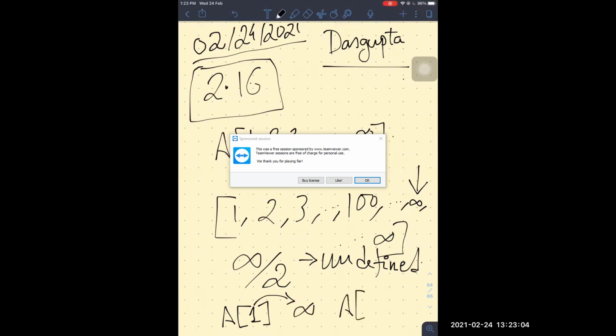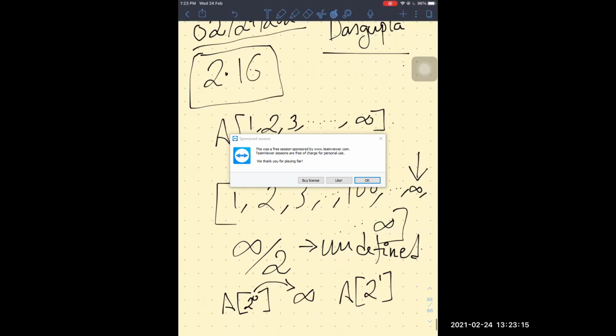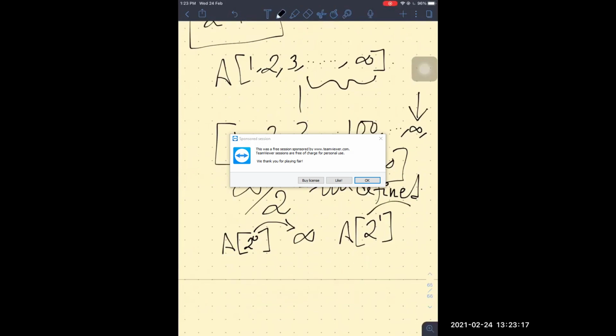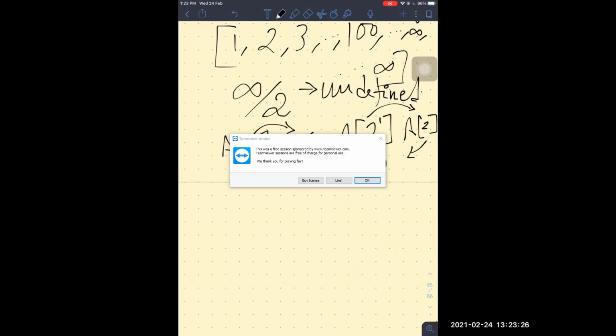Otherwise, you continue to a2 to the power 1, which is a2. So this one was a2 to the power 0. So a2 to the power 1 is a2. If you hit infinite, then you stop. Otherwise, you continue. In this way, you go to 2 to the power i.